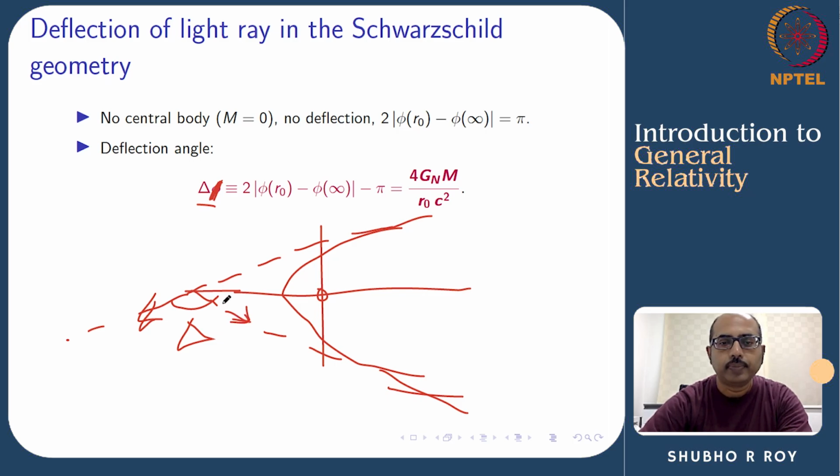Now, this angle delta is nothing but phi minus this angle, and we call it the double. This angle is twice this little delta. Remember, the trajectory is symmetric around the x-axis, so these three angles are there. So big delta is actually pi minus twice little delta.